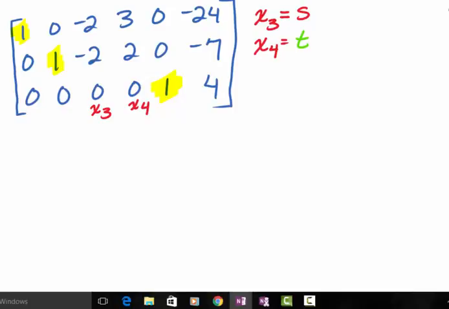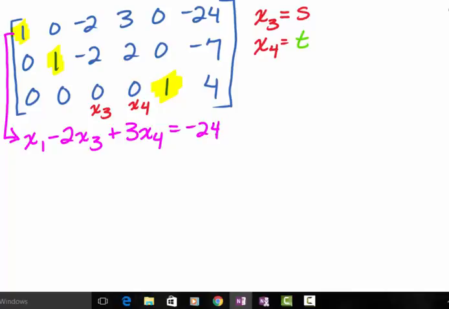Well, if I then grab this first equation, or that first row is this equation, right? x sub 1 minus 2x sub 3 plus 3x sub 4 equals negative 24.